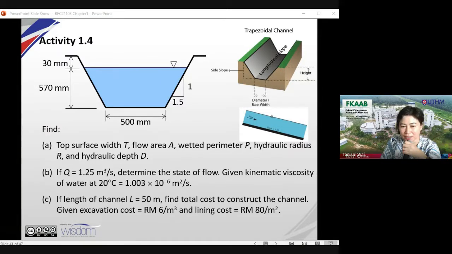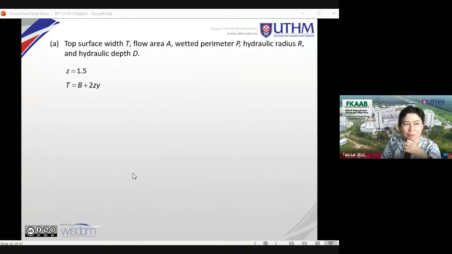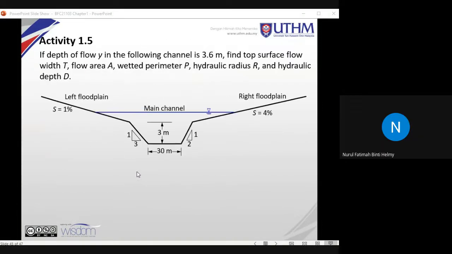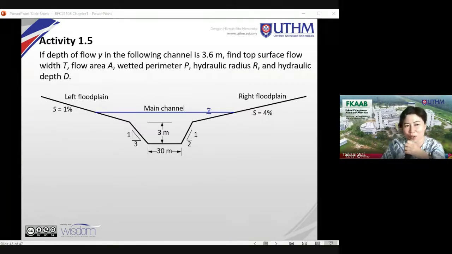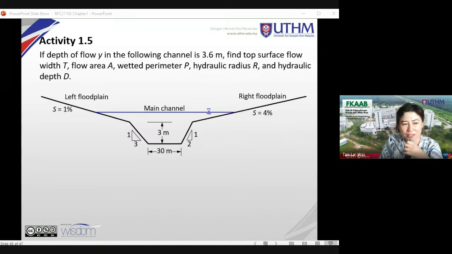Fatimah? Hello. Ya Fatimah. Saya pergi soalan activity 1.5. Macam ni tengok activity 1.5. If you read the question right, it says depth of flow is 3.6.